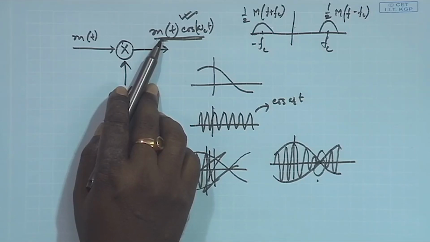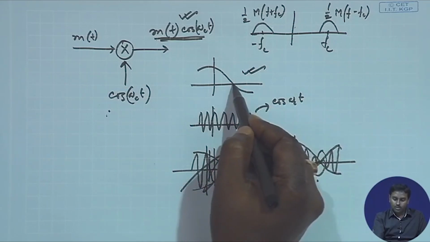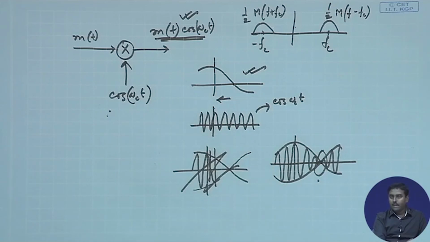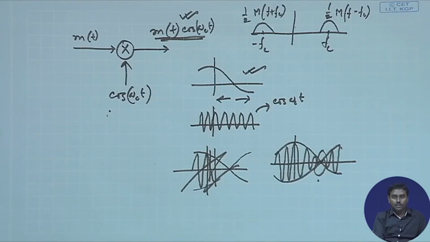Okay. So, what is happening? There is a possibility that m(t) might be positive or m(t) might be negative, like over here. This is the crossover point, right. Beyond this m(t) is positive, just after this m(t) will be negative. So, what will happen in the carrier?